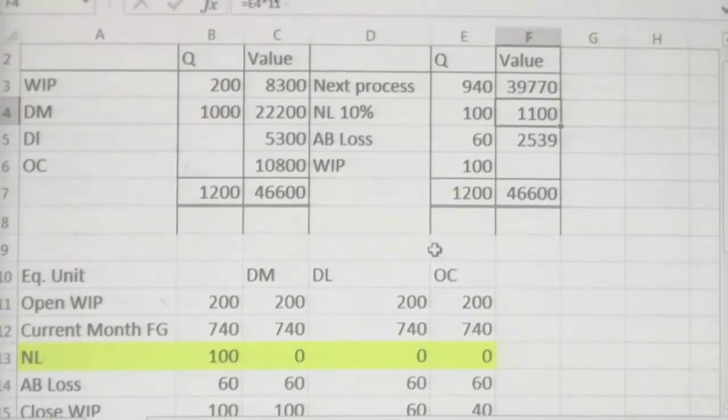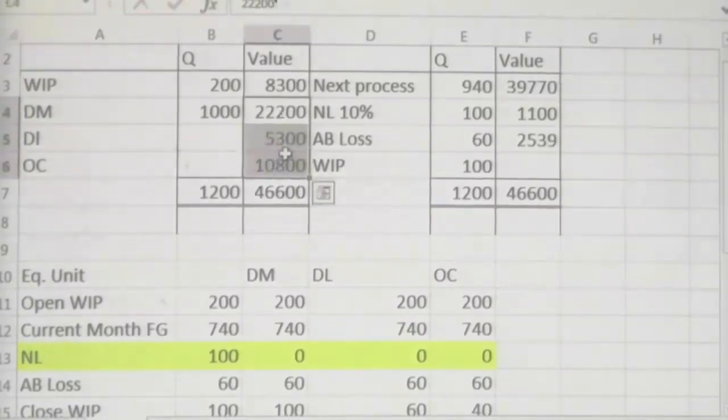In this question, they requested the abnormal loss quantity, value of abnormal loss, right? Value of finished good, value of cost incurred during the period. Those are the figures they requested. Therefore, it is covering the entire process accounts, right?